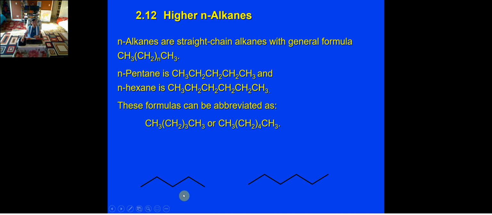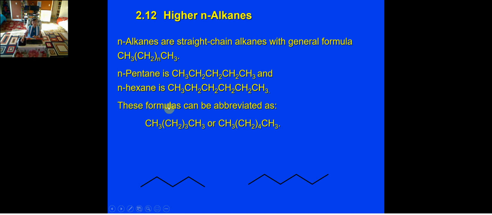That's how you draw it. If n is 4, you have CH3, 4 CH2 units, and then CH3, so you get 1, 2, 3, 4, 5, 6 carbons. This alkane is called normal hexane.